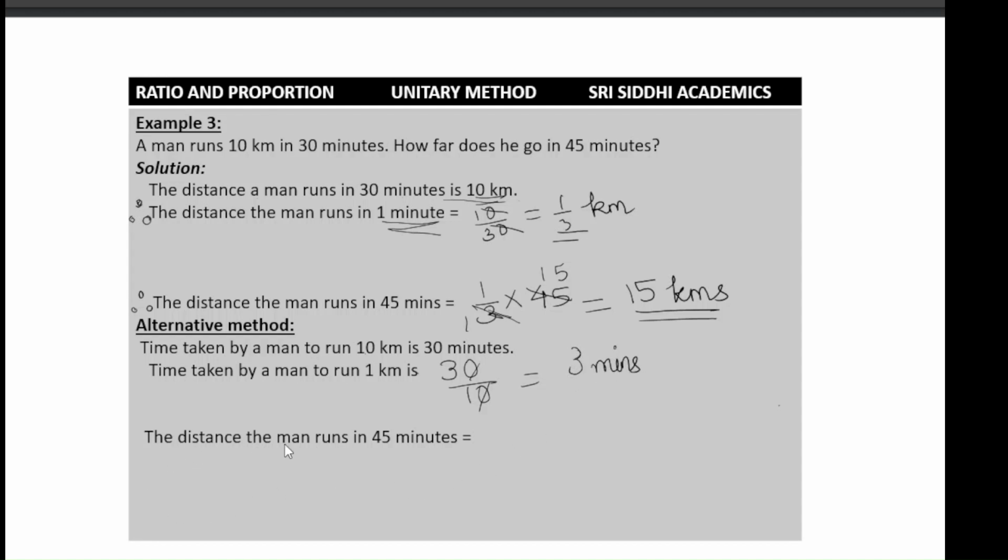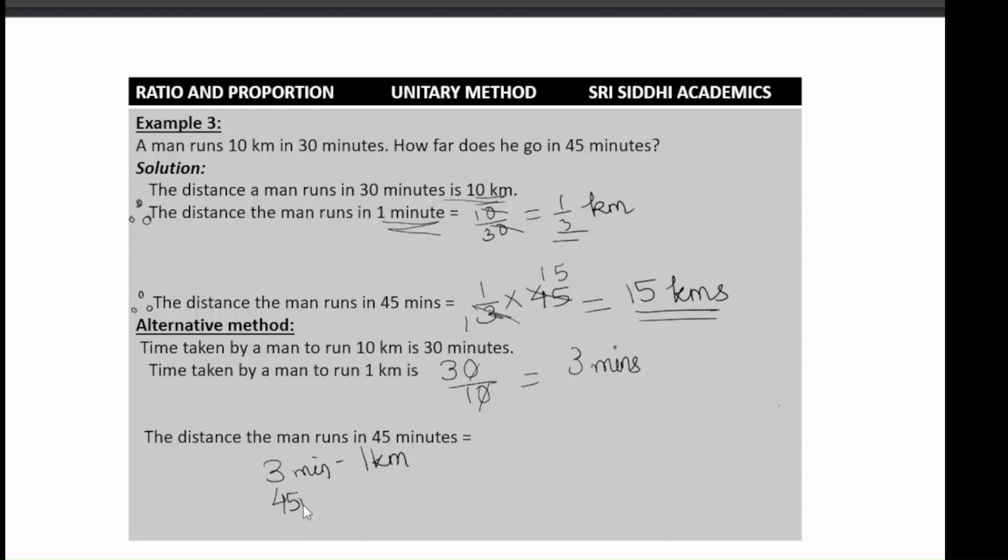Now, can I not find out the distance the man runs in 45 minutes? How will I find out? See, I should write the opposite here. I'll write that in 3 minutes he is running 1 kilometer.